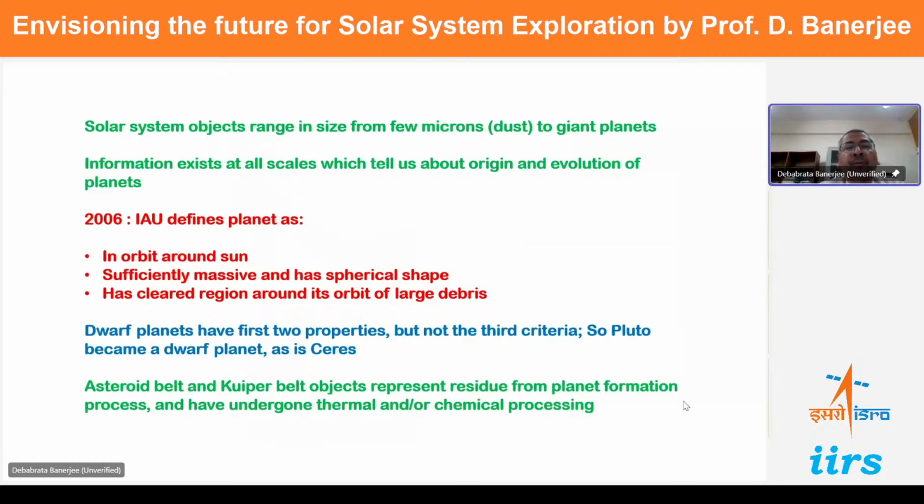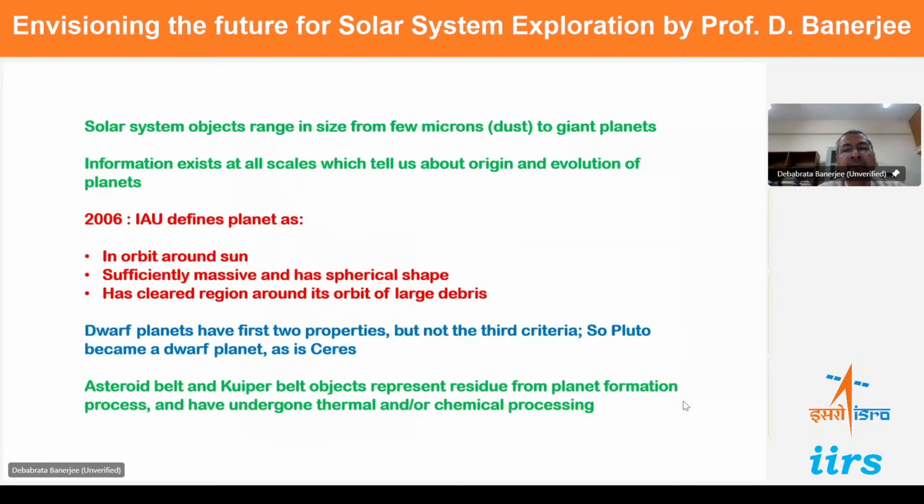So solar system objects range in size from a few microns dust to giant planets. And the information exists at all scales about the origin and evolution of the planets. And I'm sure you're familiar with the definition of the International Astronomical Union, which changed in 2006, that a planet is defined as an object which is in orbit around the sun.